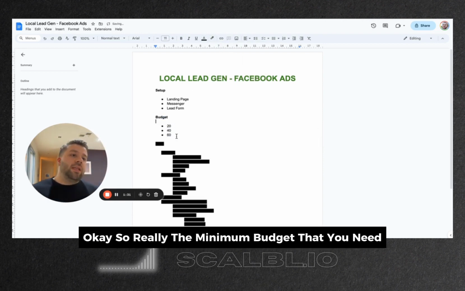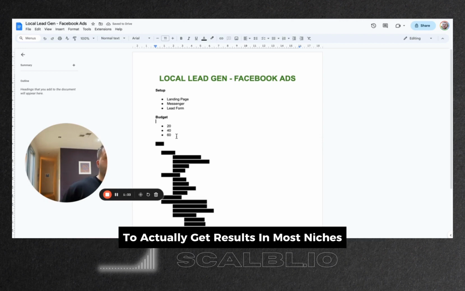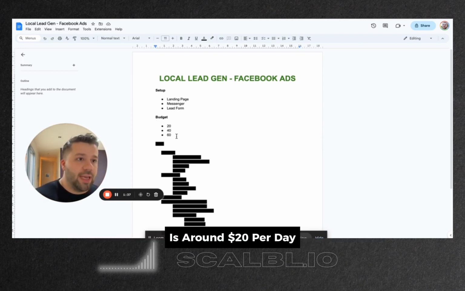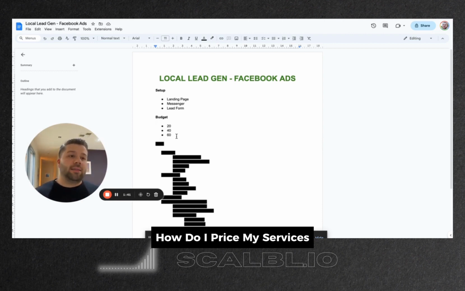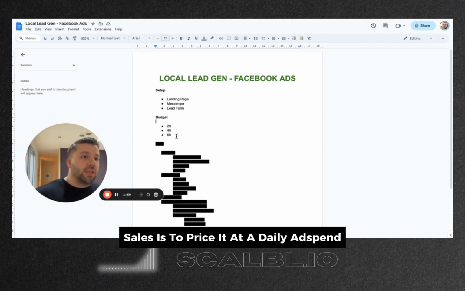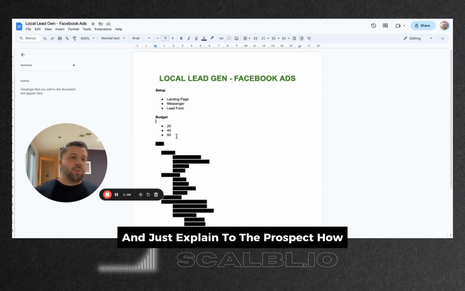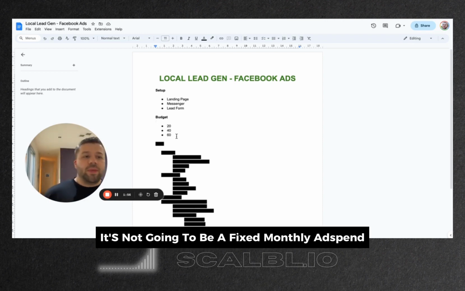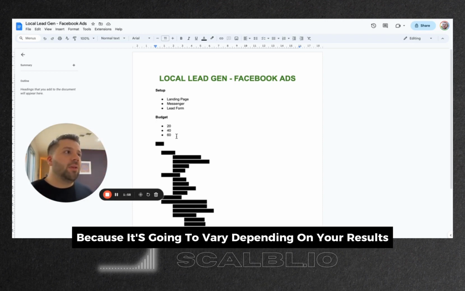Really, the minimum budget you need to get results in most niches is around $20 per day. Now here's a little hack. A lot of people ask, how do I price my services? Do I include ad spend, or have ad spend separate? What I found works well in terms of actually getting sales is to price it at a daily ad spend and explain to the prospect that it's not going to be a fixed monthly ad spend because it will vary depending on your results.